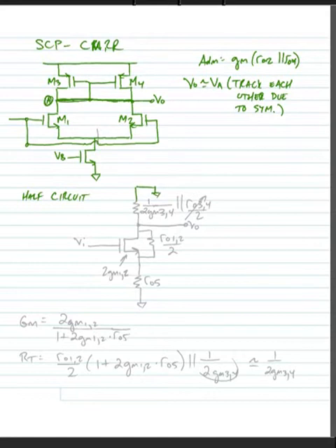Looking up into the diode connection, both M3 and M4 are diode connected, and they would be in parallel. So we could say that looking up, we'd see 1 over 2 times gm3,4, in parallel with the output resistance of 3 and 4.